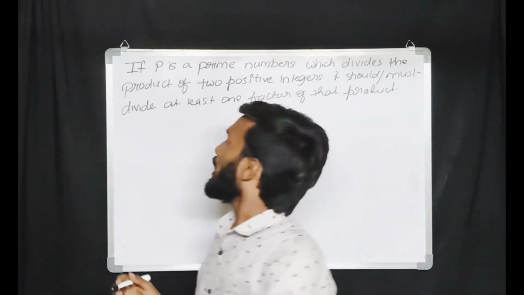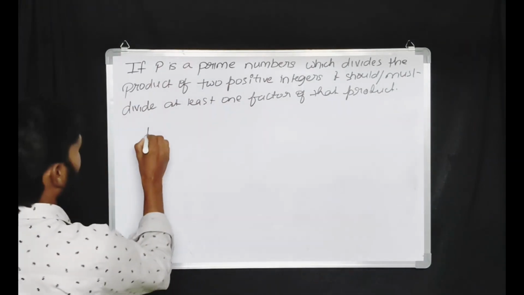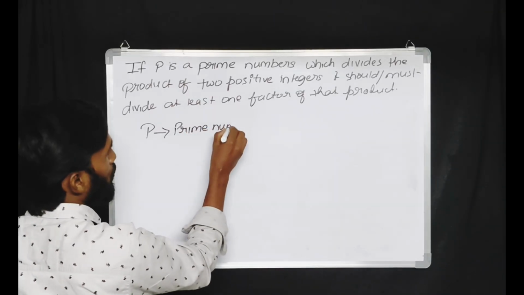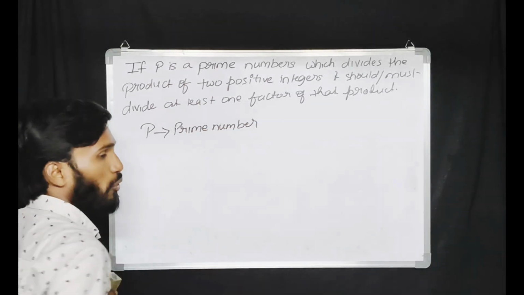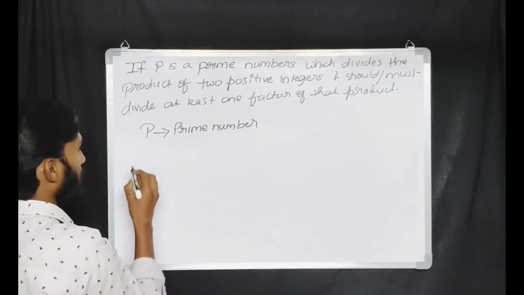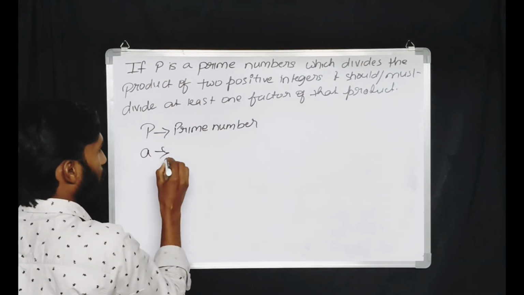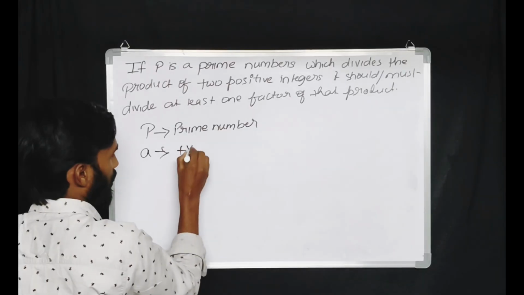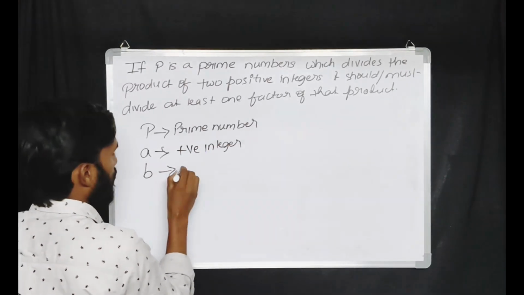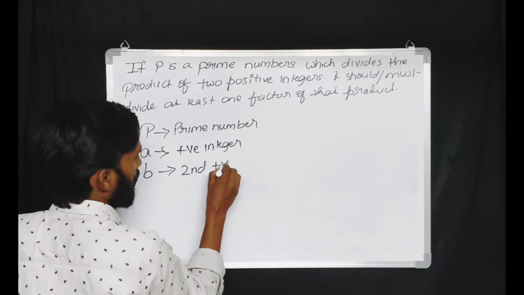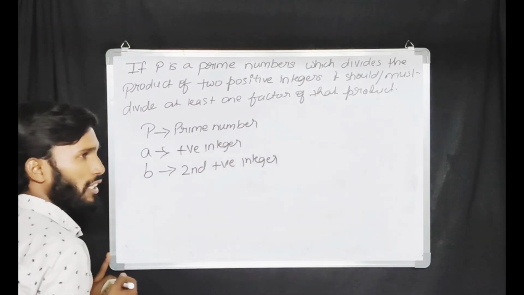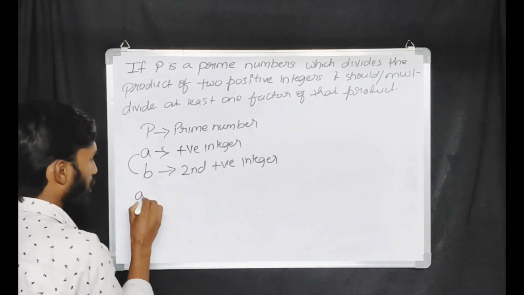Take P as a prime number, and the product of any two positive integers. Take the first positive integer A, and B is the second positive integer, and product means multiplying these two.